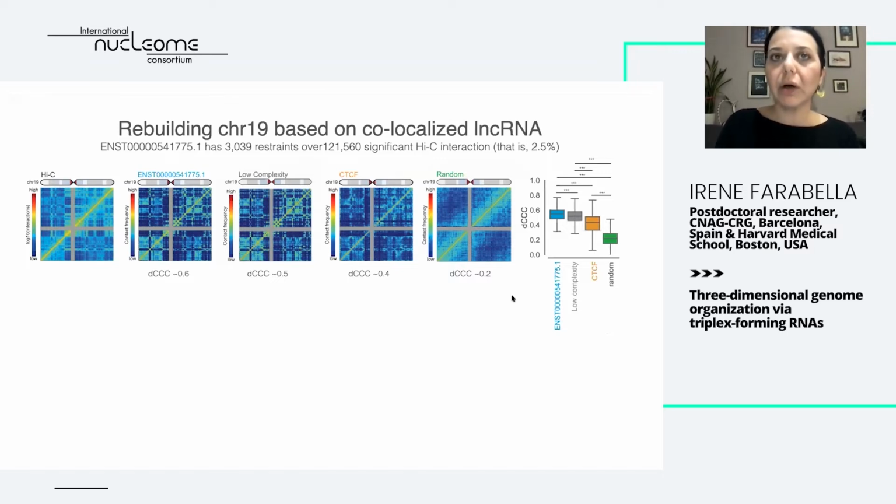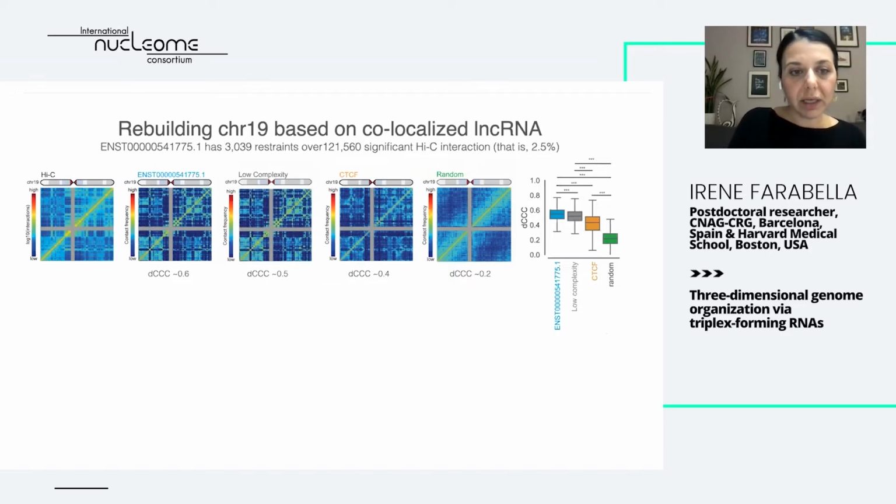We also performed modeling using random pairs of interactions that have a similar long-range distribution to the co-localizing triplet target sites, but this does not lead to any checkerboard pattern in the matrix.